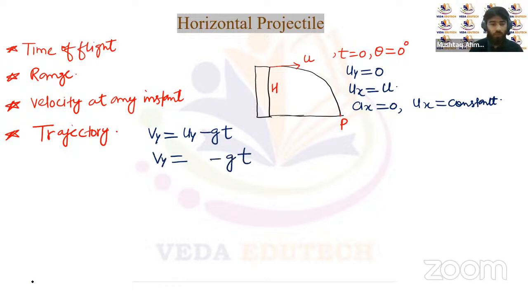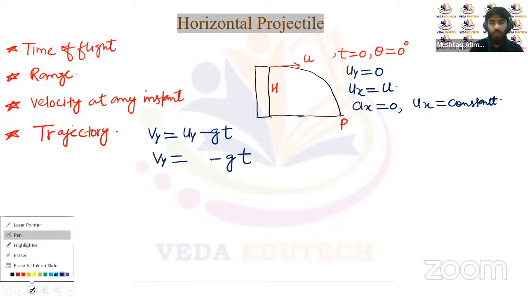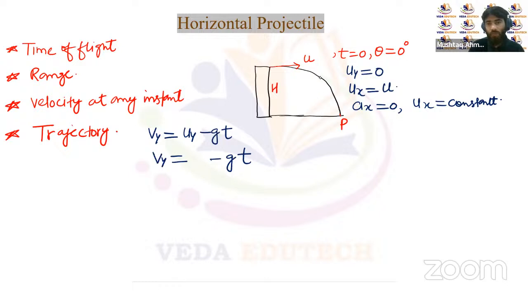Let's suppose at any instant the particle is at this point, and the velocity will be in this direction, tangential to the trajectory. There will be one component in the horizontal direction and another in the vertical direction. We call these the vx component and the vy component.